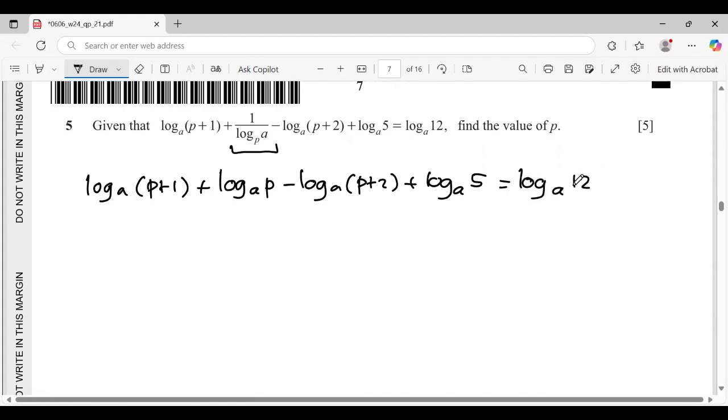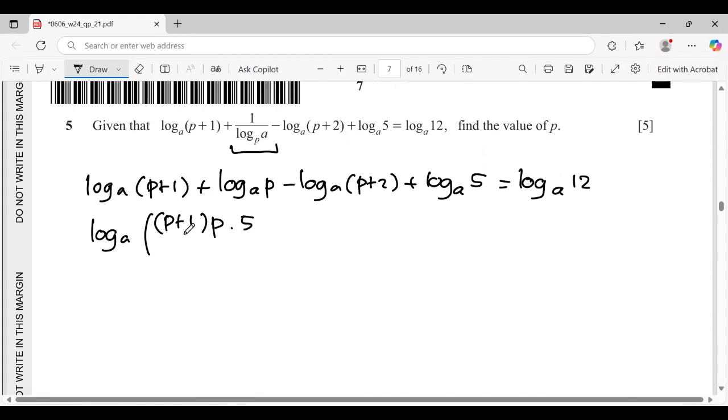And after that, combine all logarithms on the left-hand side: log_a of (p+1) times p times 5, divided by (p+2). If plus becomes multiply, if minus becomes division.